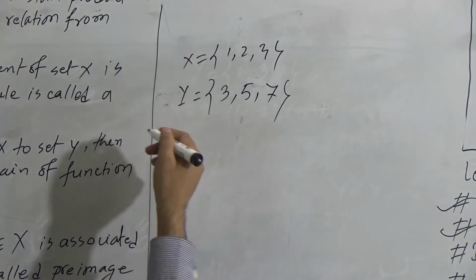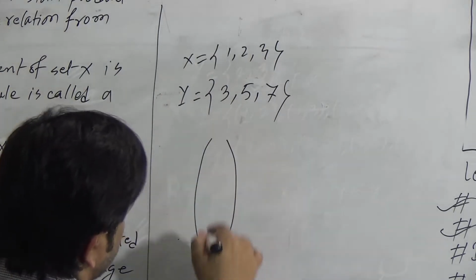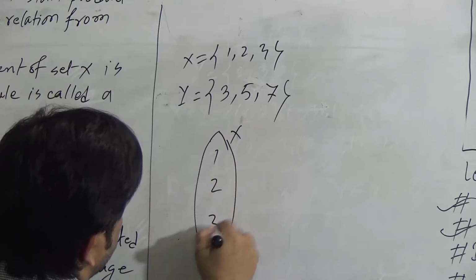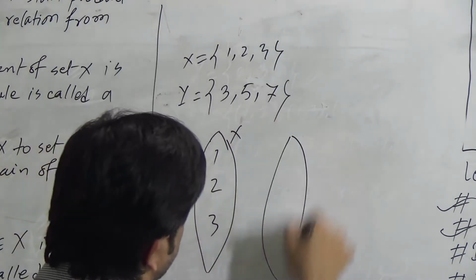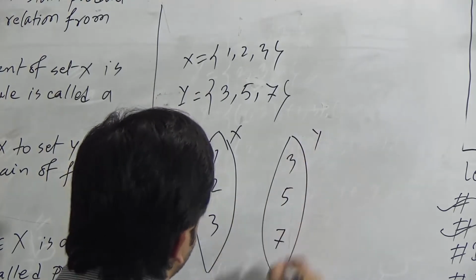How can we determine the function? Now we can show here X is a set 1, 2, 3. Y is another set, that is 3, 5, 7.